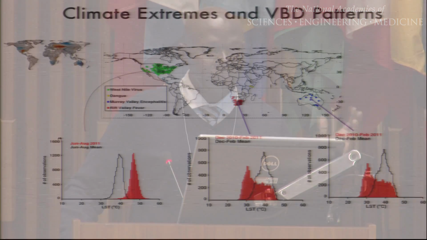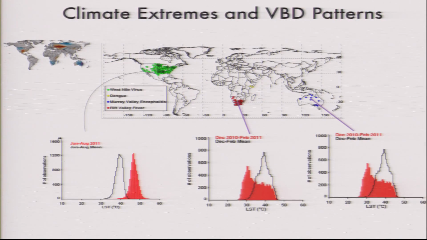And I just wanted to point out that what is happening right now is not new, because just a couple of years ago, in 2011, for example in the US, we had a very large-scale outbreak of West Nile virus. And if you look at the departures in land surface temperature on the bottom left, you can see that there was a shift in the seasonal temperature anomalies.